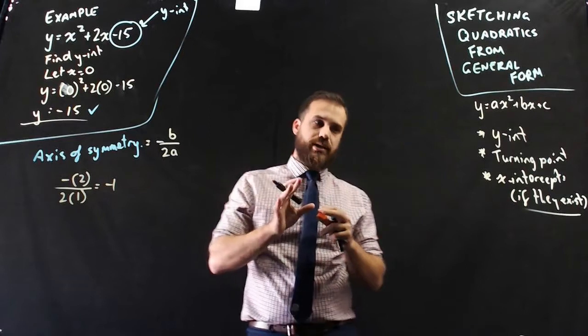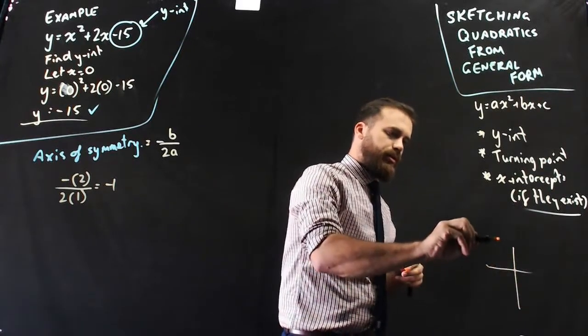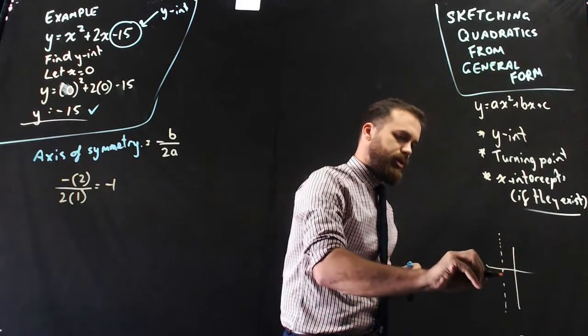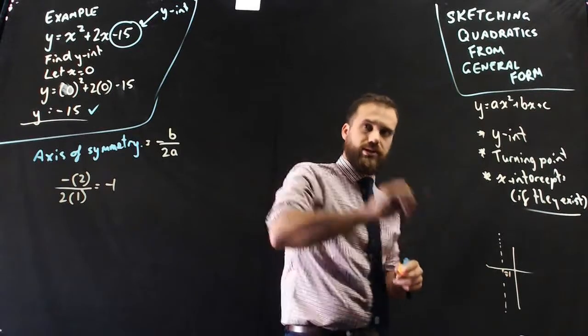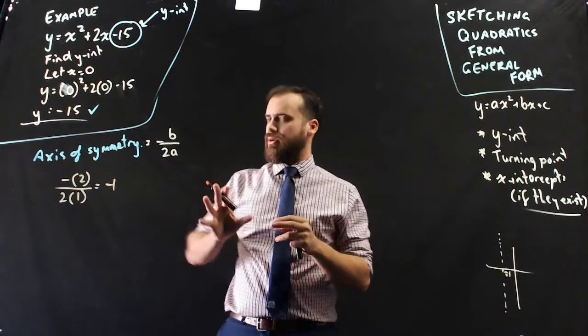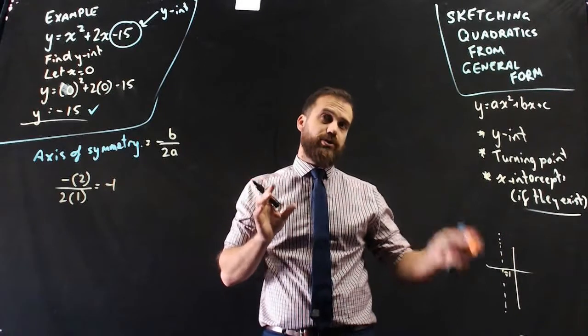So think about what that means. I'll just draw my tiny little quadratic over here. There's an axis of symmetry here at negative 1. Okay, that's going to be my quadratic. Now, I know my axis of symmetry, which is my x value of the turning point.